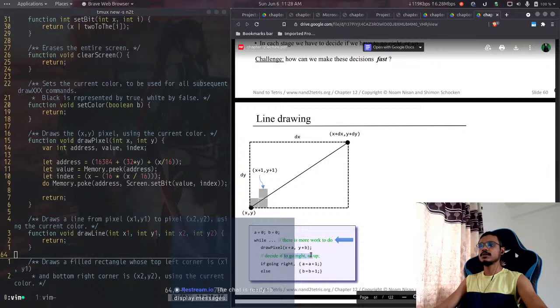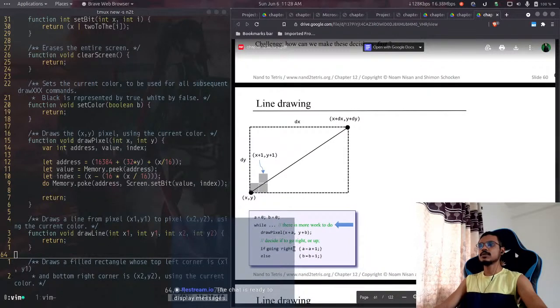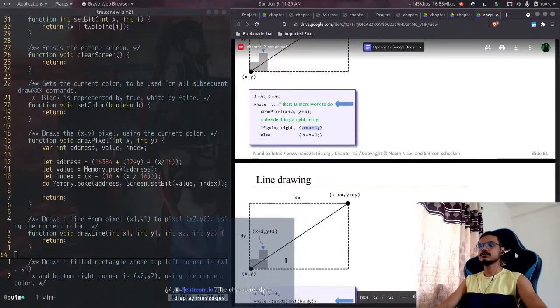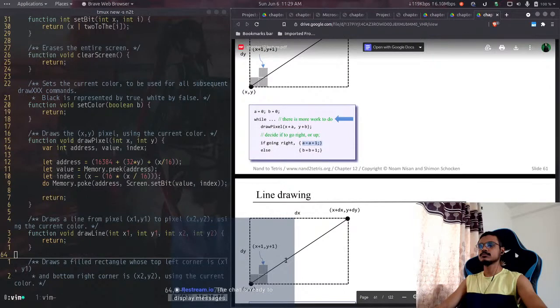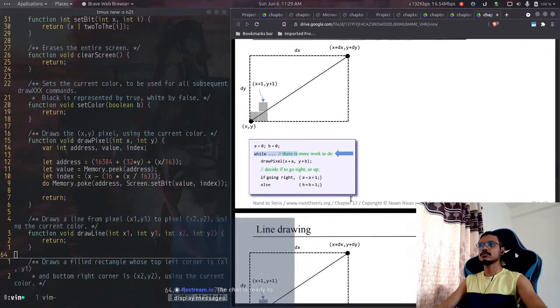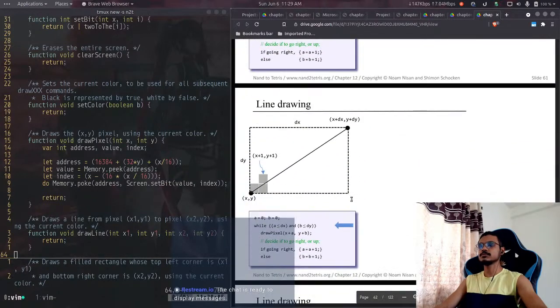After that we have to decide if we want to go right or up. So if we want to go right, we increment a. Right a, up b, yeah, get it. We have to do this until we reach the final point, the landing point, right?